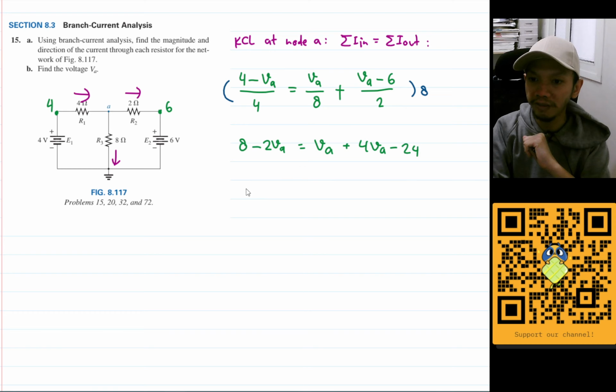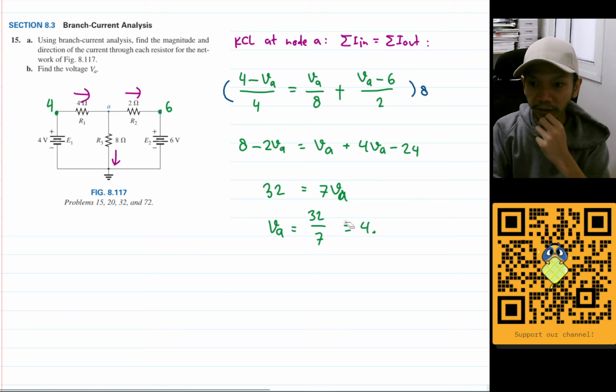On the left hand side, I will have 8 plus 24, that should be 32. And for this one, I will have 5 VA plus 2 VA, that will be 7 VA. And we get VA from here. VA will be 32 divided by 7, that should be 4 point something.